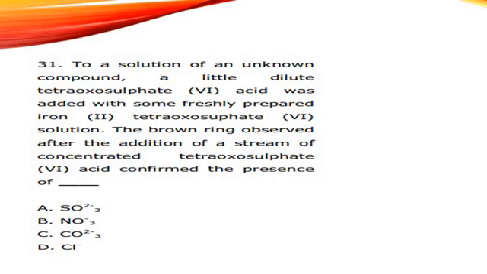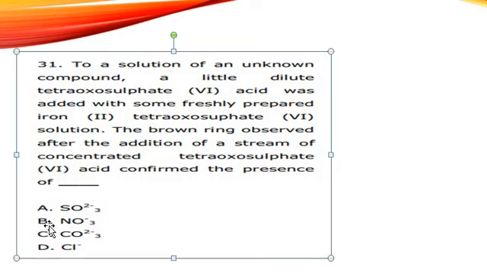So in this case, actually it's the trioxynitrate ion that results in a brown ring after the addition of tetraoxysulfate 6 acid and iron tetraoxysulfate 6. So it's like a test for the confirmation of the presence of trioxynitrate ion. Therefore, your answer is B.